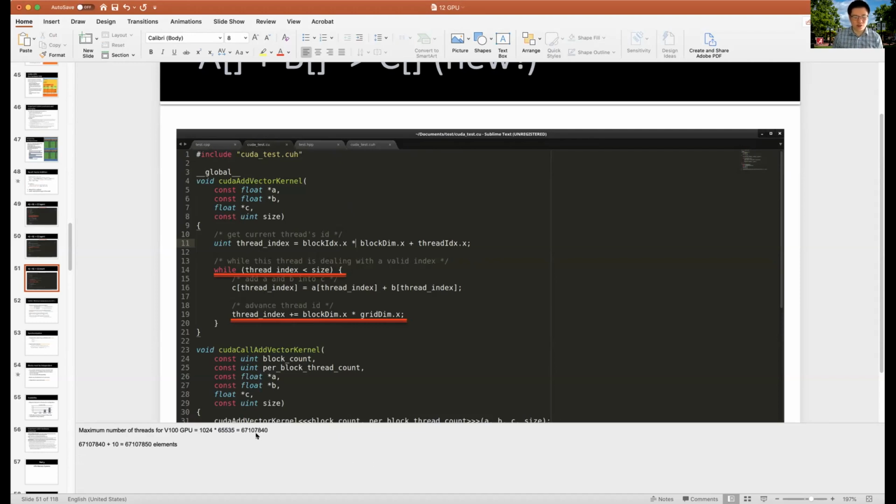I don't want to use all the threads to deal with the first part of the elements and then do another batch, because most of the threads will not do anything, but just do another loop.